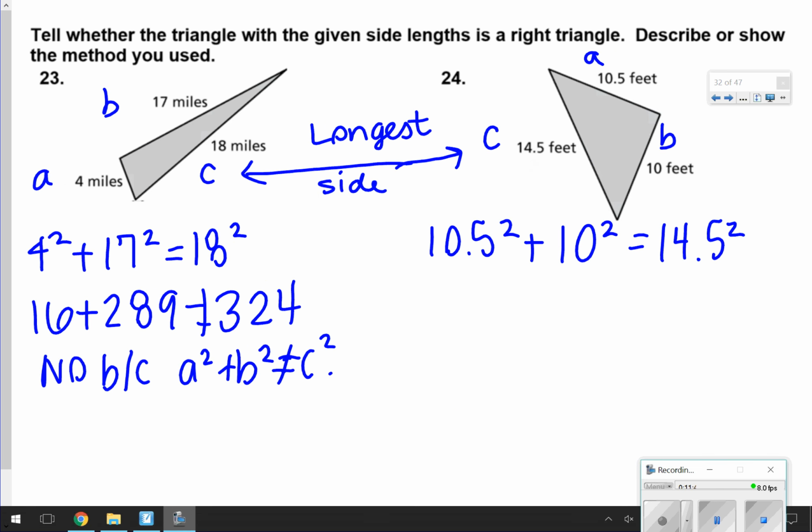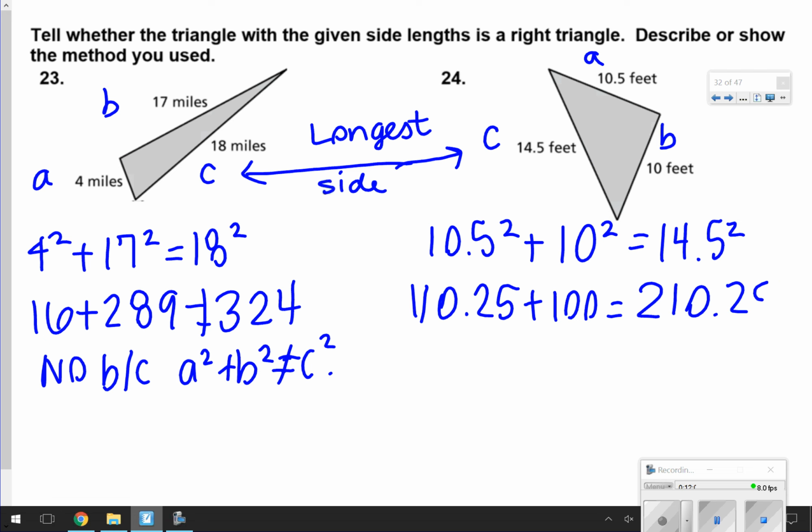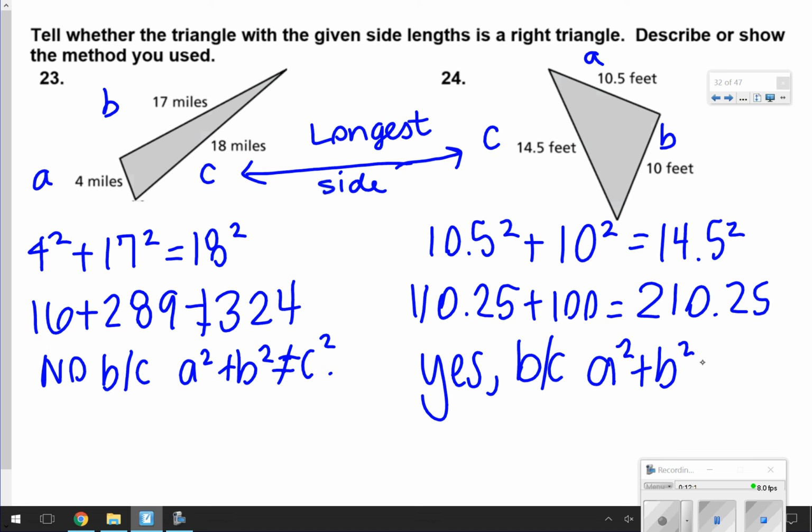Continue on. 10.5 squared is 110.25. 10 squared is 100. 14.5 squared is 210.25. Because a squared plus b squared does equal c squared, we're going to say yes for number 24. And then you can just write simply, because a squared plus b squared is equal to c squared. Ta-da!